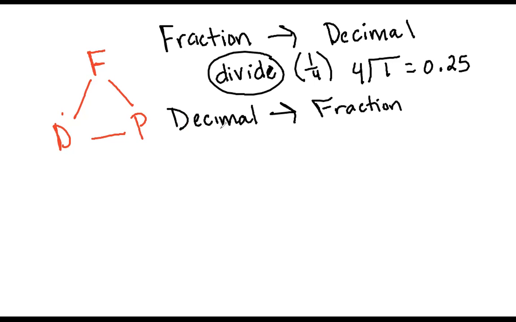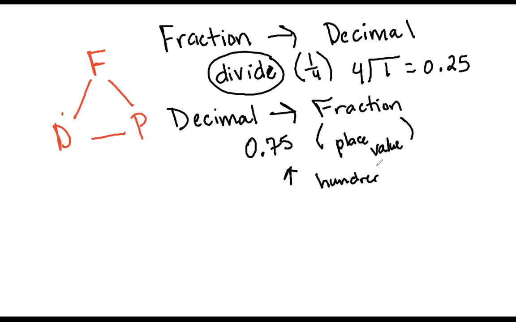To turn a decimal into a fraction, remember that I have to use place value. So where is my 5? My 5 is in the hundreds place, right? So that means this becomes 75 over 100.